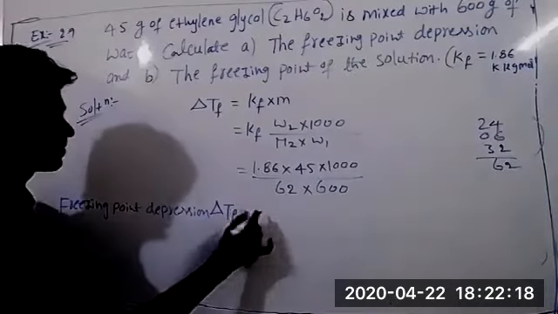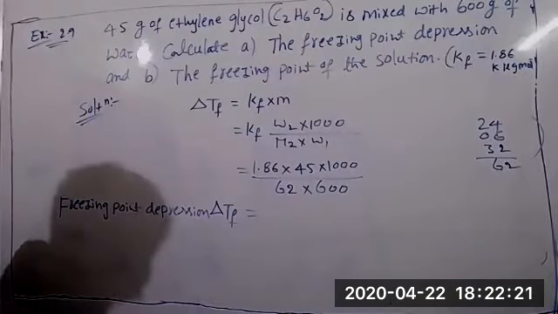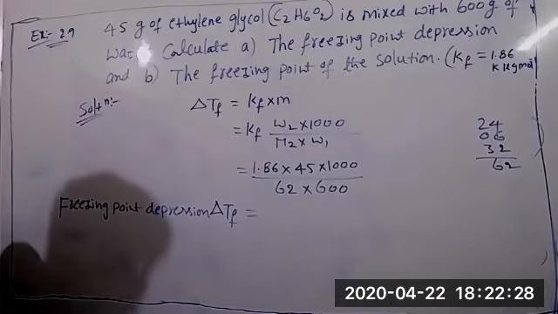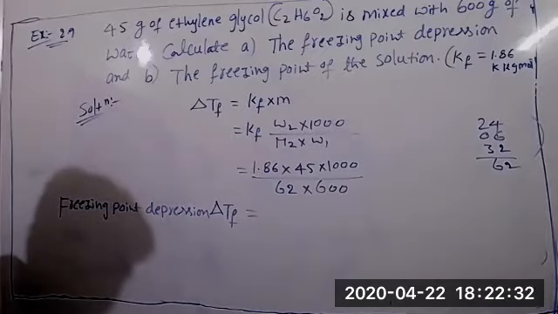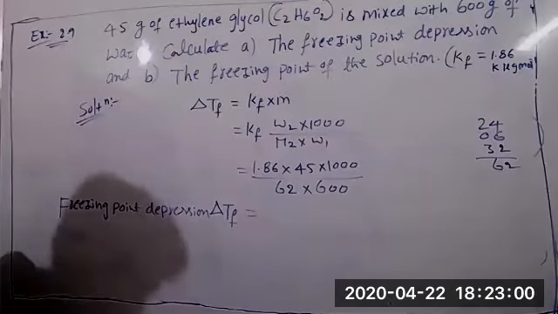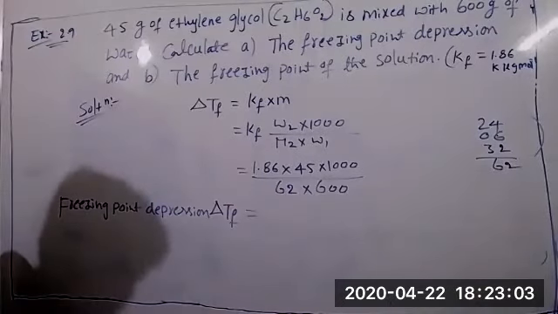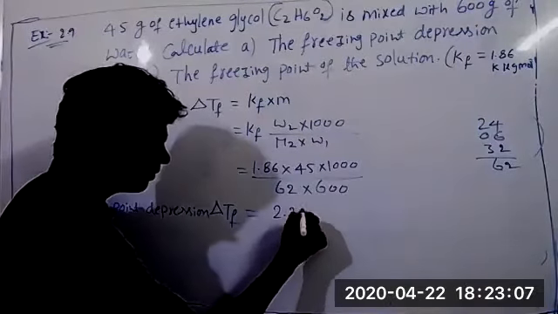Freezing point depression is equal to how much? So it is 2.25 Kelvin.